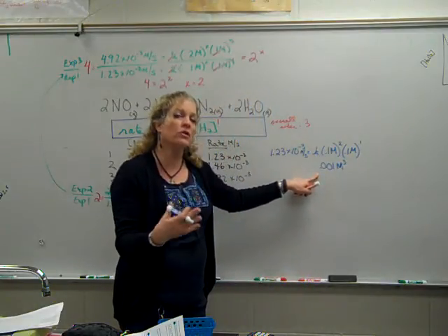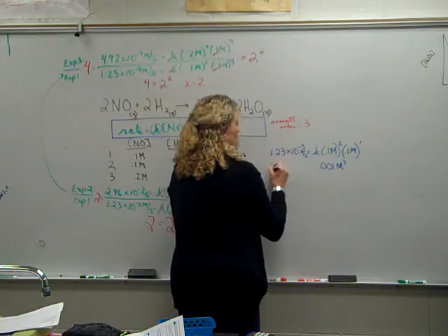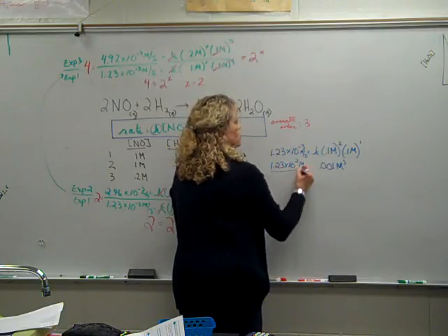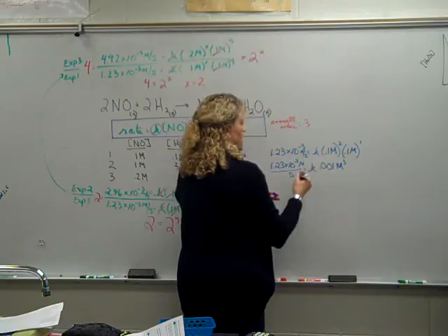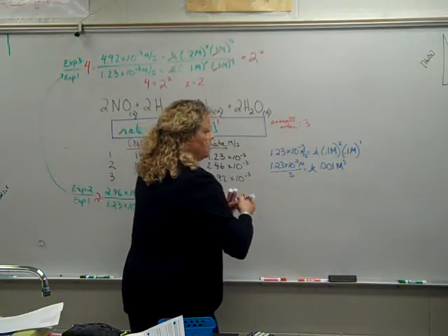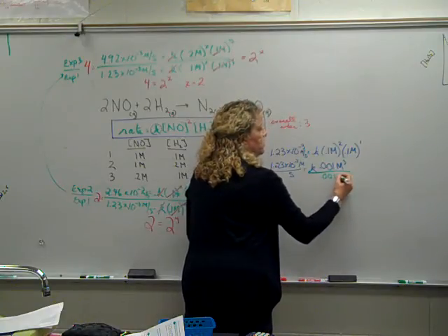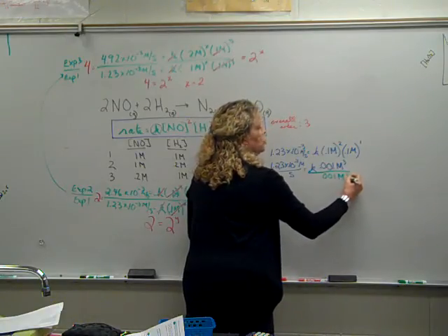So you just go slow. 1.23 times 10 to the negative 3 molarity per second equals K. And now as the final step, I'm going to divide through both sides by 0.001 molarity cubed.